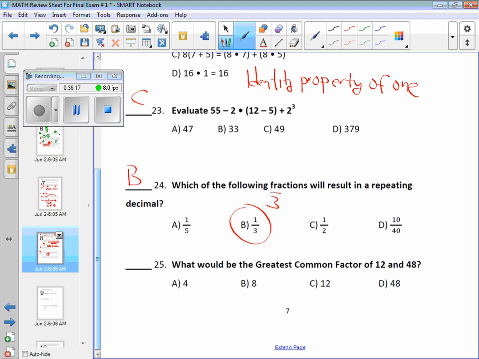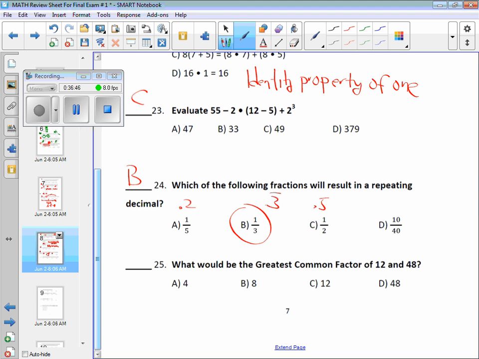Christina, 0.5 is correct. And 10/40ths after you reduce it. No. Now change it to a decimal. 1/4.